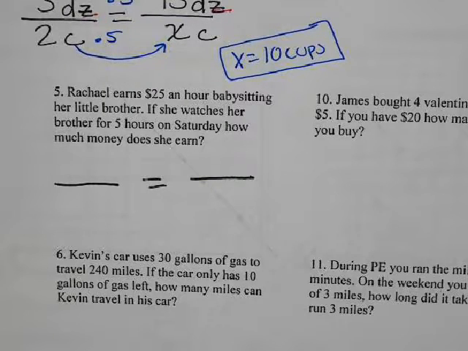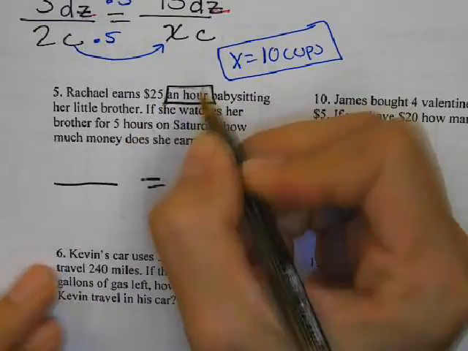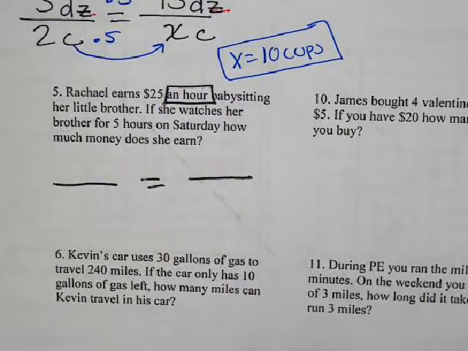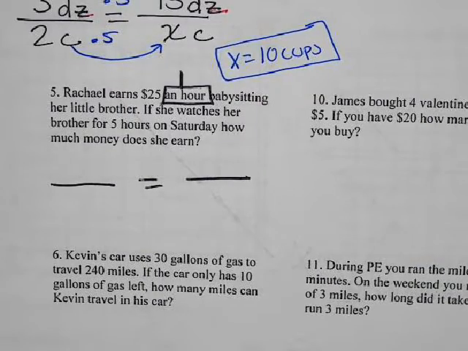There is a number that's hidden in the first sentence. Reread it, and there's a number that's hidden in the first sentence. An hour. Which means, what does that mean in numbers? 1. All right, so go ahead and write the proportions.